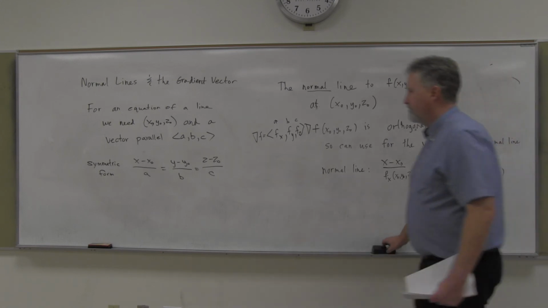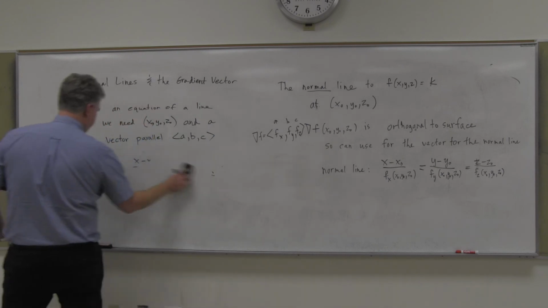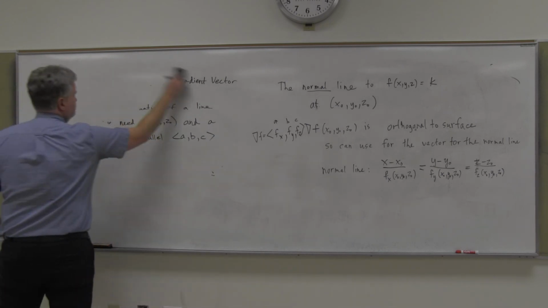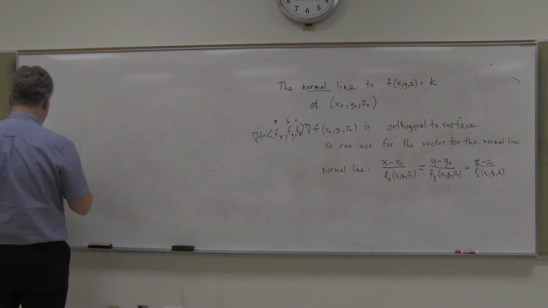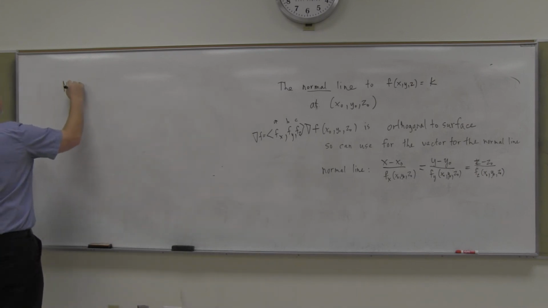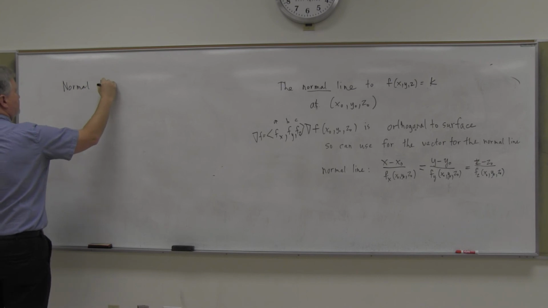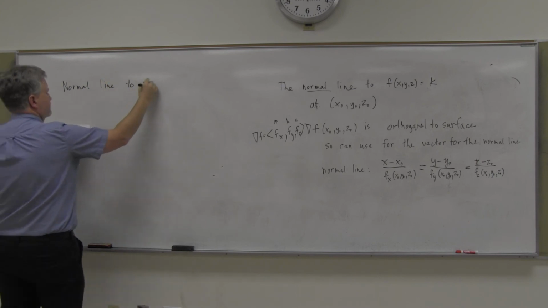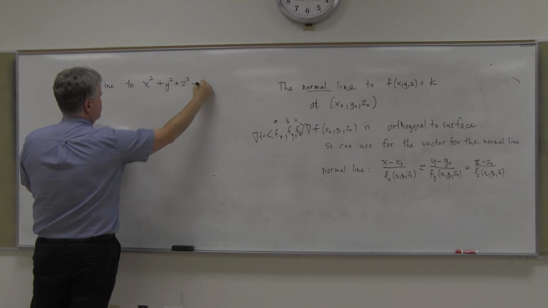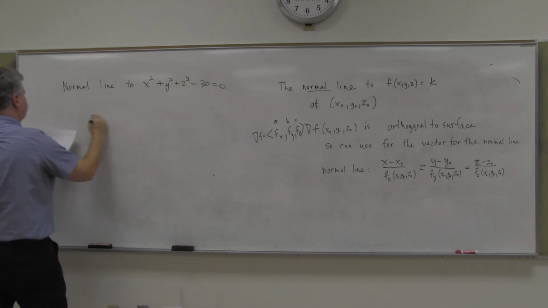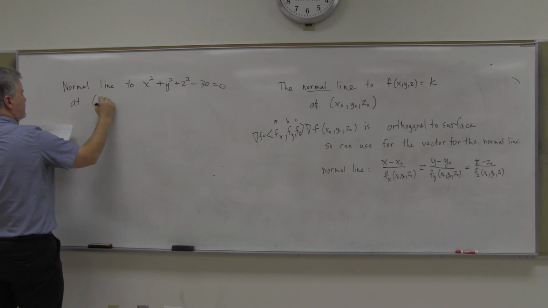So going back to that other one, finish it off here. Okay, so the normal line to x squared plus y squared plus z squared minus 30 equals 0 at (1, negative 2, 5).